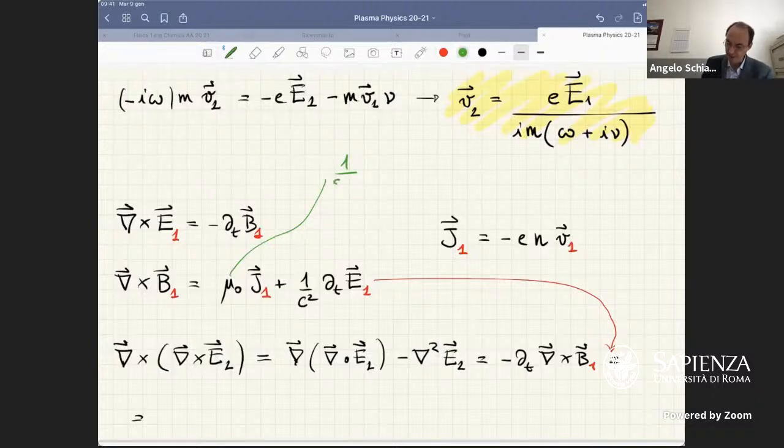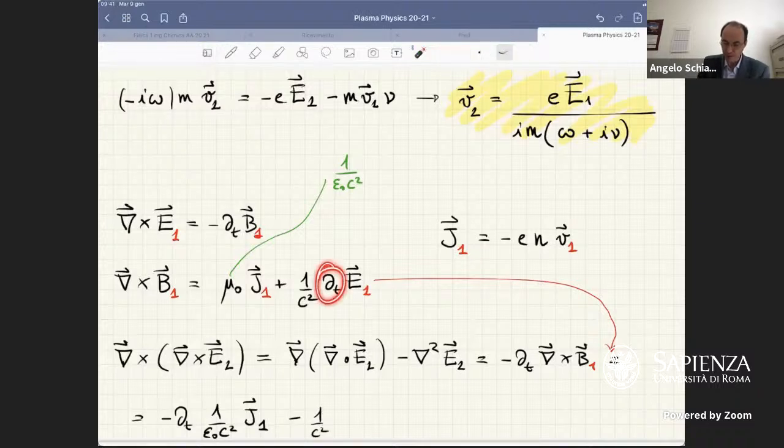And this becomes minus the time derivative of 1 over epsilon naught c squared J1, and then minus 1 over c squared, and we have the second derivative with respect to time of E1.